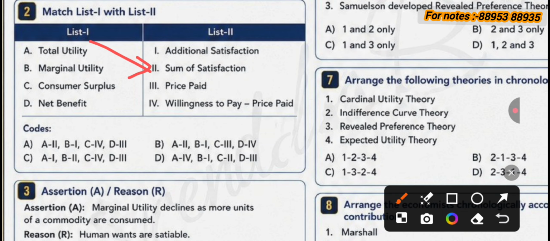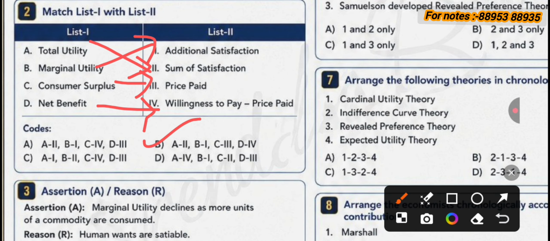A is II. Total utility means the sum of satisfaction, and marginal utility means additional satisfaction. Consumer surplus means willingness to pay minus price paid. Net benefit means willingness to pay minus price paid.